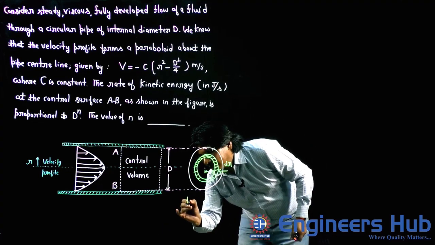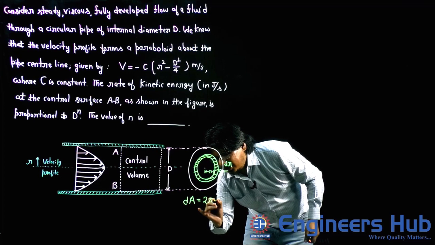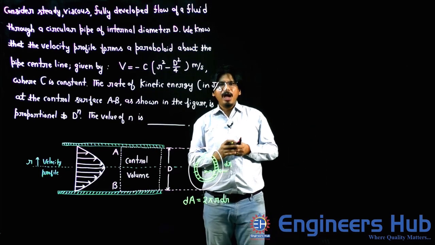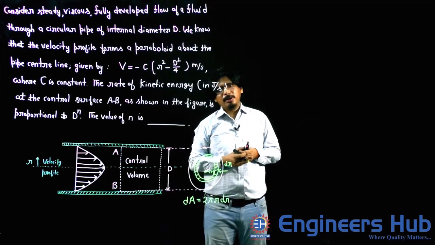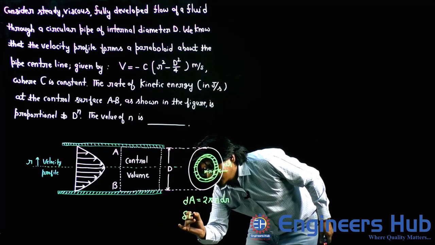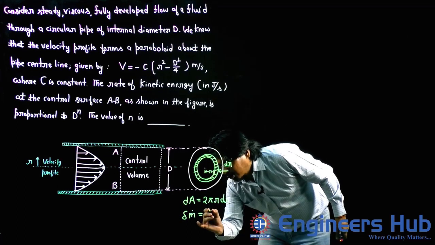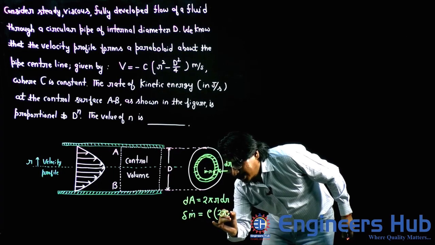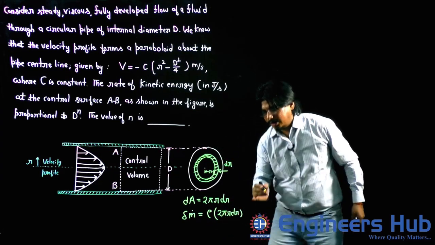Okay, my friends. So what will be the area of this strip? The area of this strip will be 2 pi small r dr. My friends, what will be the small mass flow rate passing through this strip? Area we know. So look at here, del m dot, small mass flow rate passing through this strip, will be rho into small area 2 pi r dr into velocity.